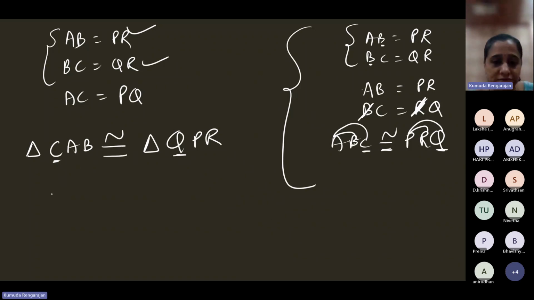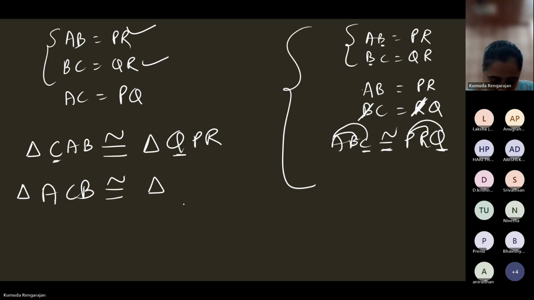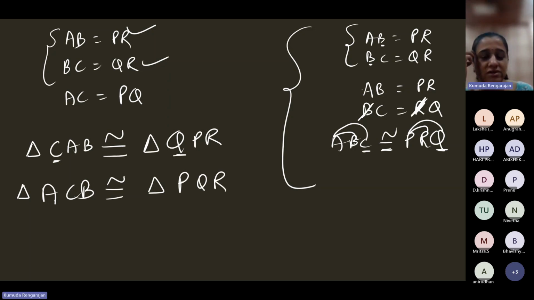Now tell me if I write triangle ACB, congruent to triangle what? PQR. If you say ACB, then it will be correct, PQR. So this is about the SSS congruence criterion.